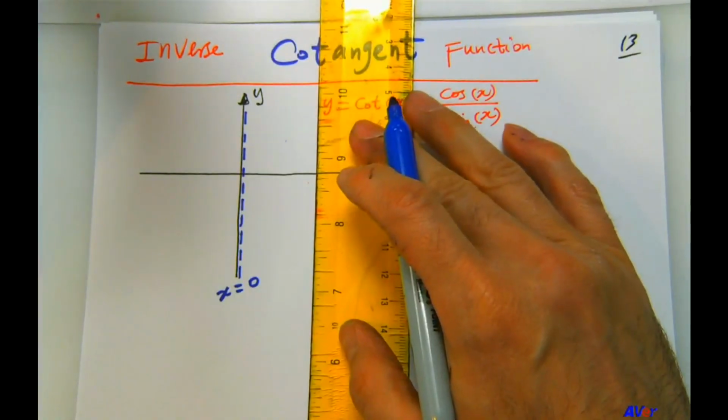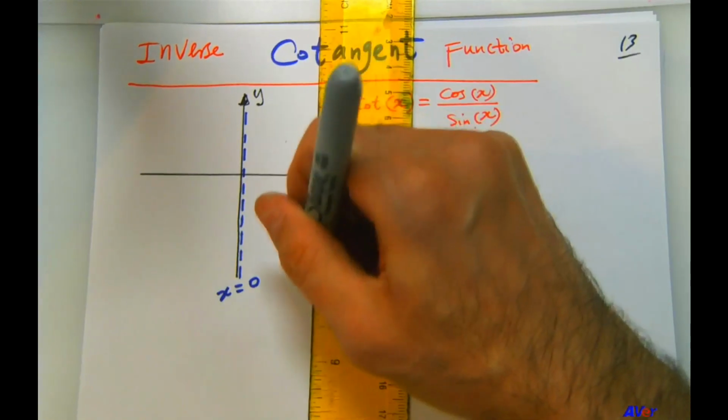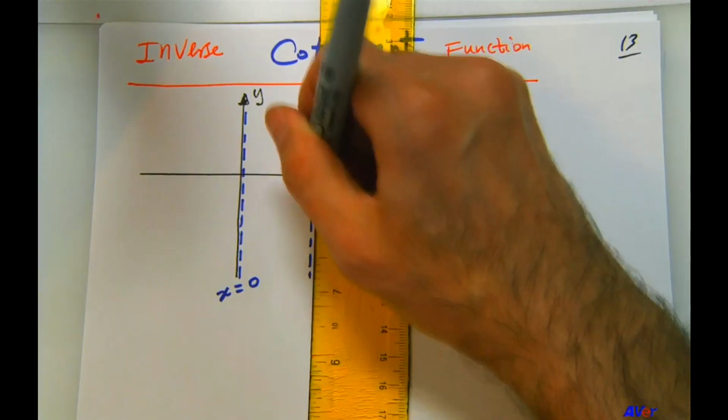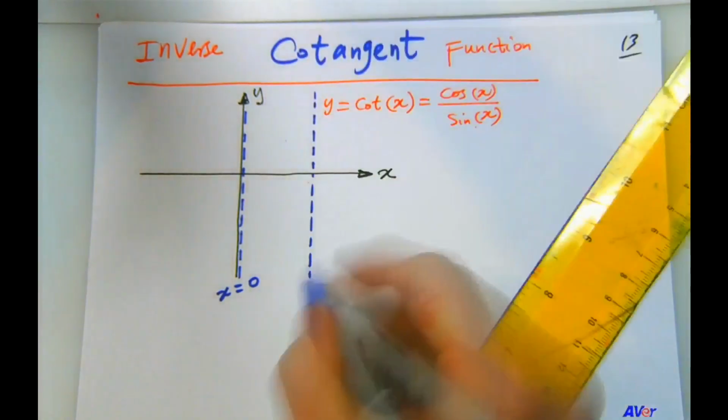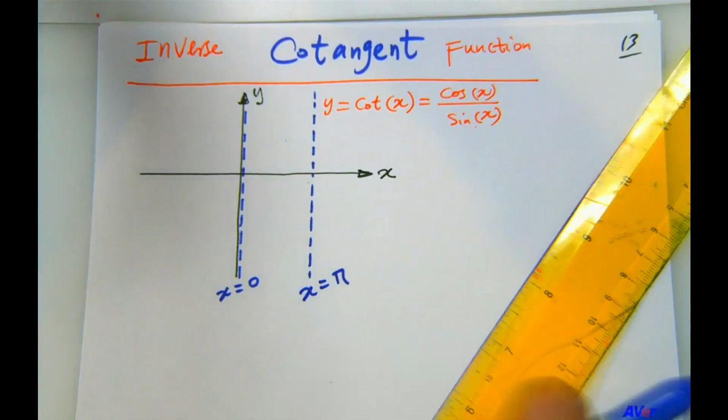And at x equals pi, we're going to have another vertical asymptote, like that.